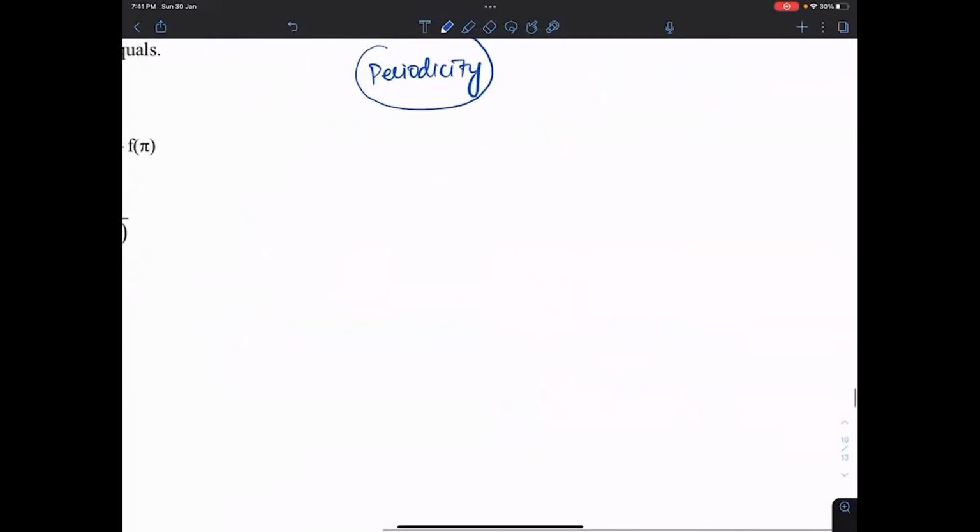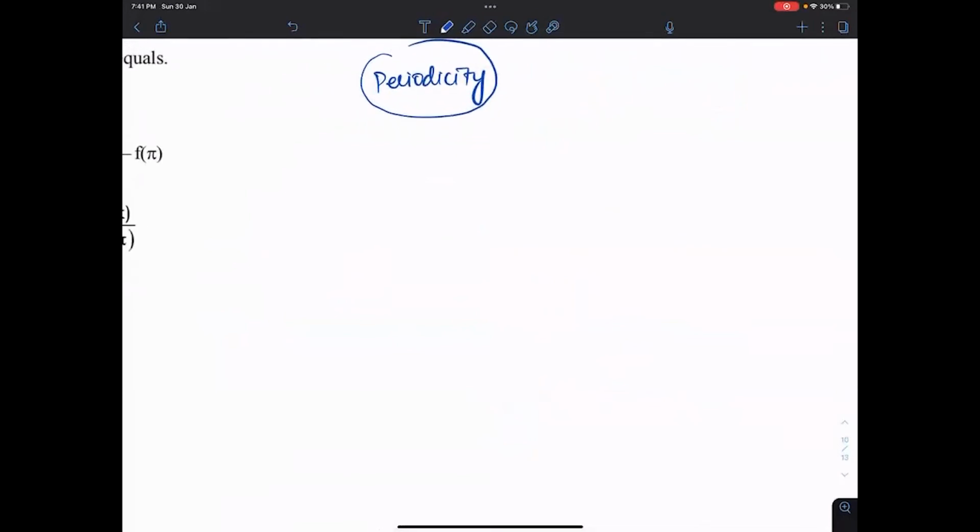Now I am assuming that you all know the definition of the period of a function. Okay, a function f of x is there. It is said to be periodic if f of x plus T is the same as f of x. The function is repeating.